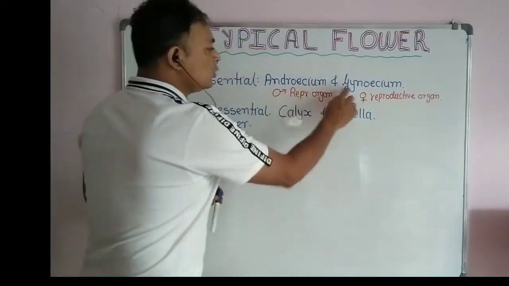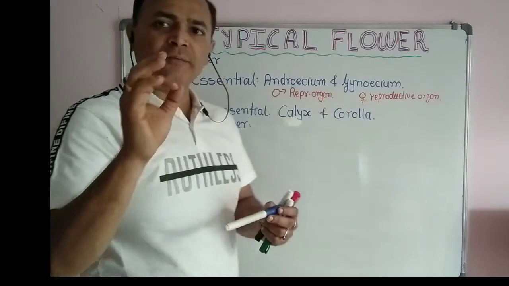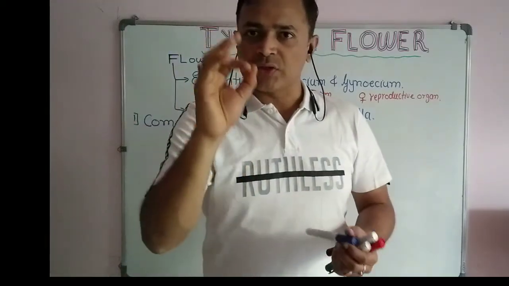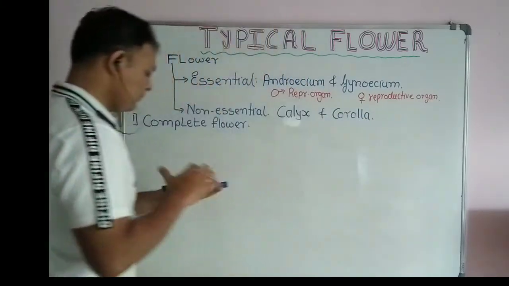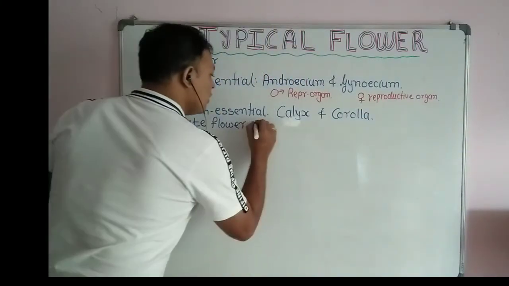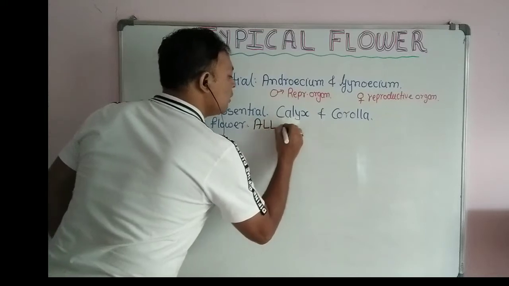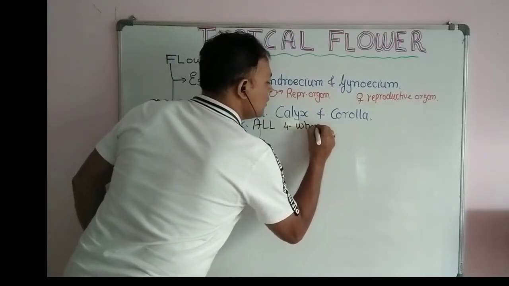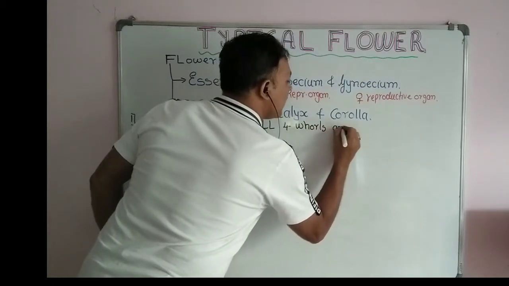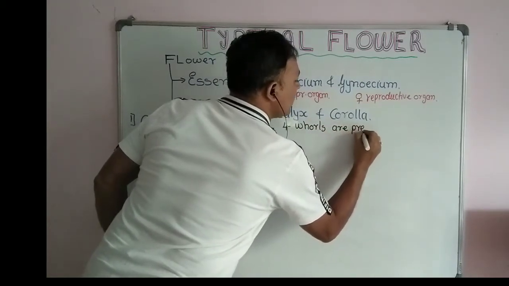If you count 1, 2, 3, 4. So a complete flower is the one which has all the floral whorls. All 4 whorls are present.